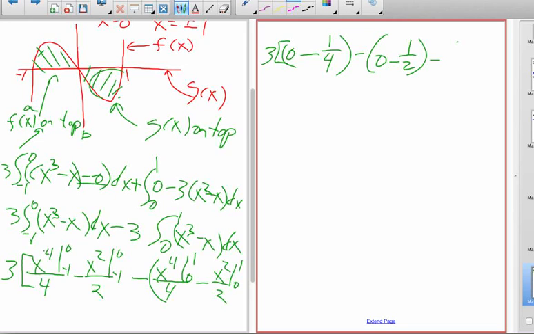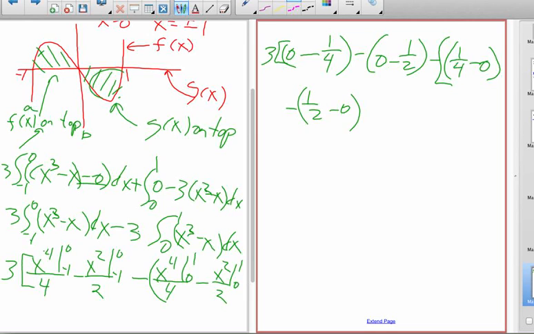And then minus, now I'm going to plug 1 in, so I'm going to have 1/4 minus 0 minus 1/2 minus 0.